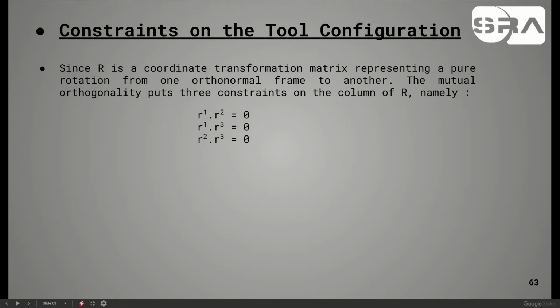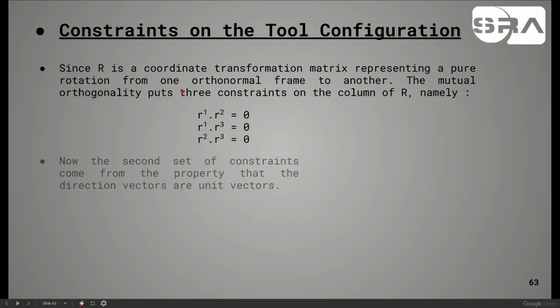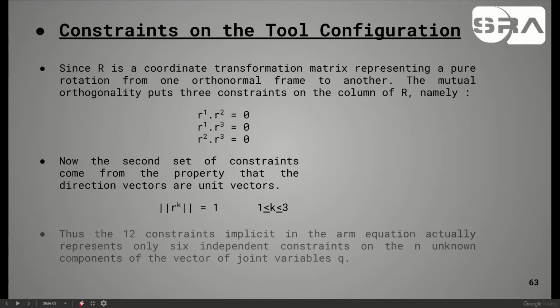Cos 90 is 0, therefore we get these three equations. Similarly, the second part of orthonormal, that is the magnitude should be 1, gives us another three constraints. That is r1's magnitude is 1, r2's magnitude is 1 and r3's magnitude is 1. So all in all, we have 6 constraints.